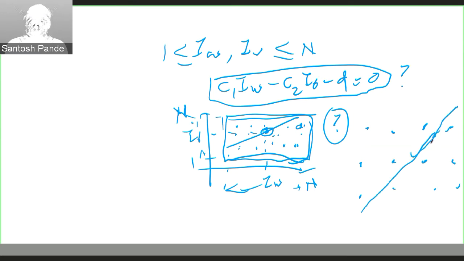And therefore, it does not have any integral solution in this particular space. And if it does not have an integral solution, then there is no dependence. However, if, as shown on the left hand side here, it does go through an actual grid point, then there is an integral solution.